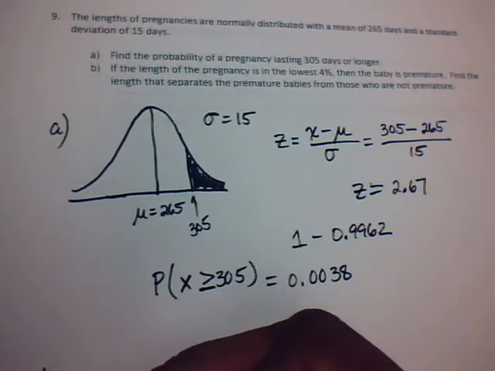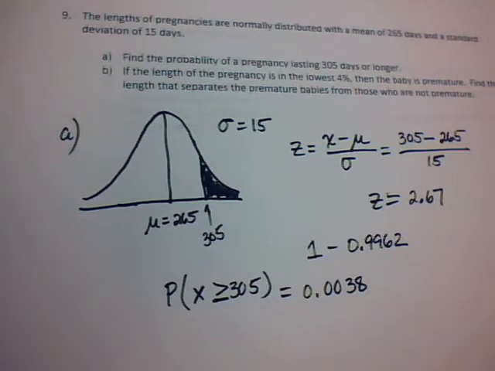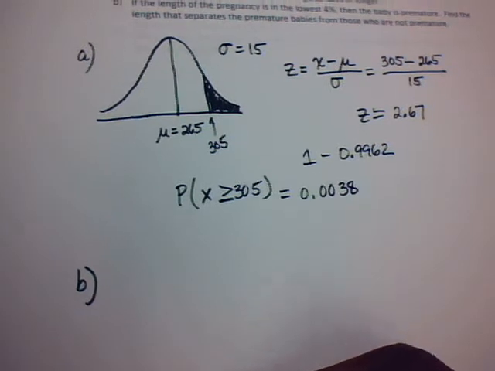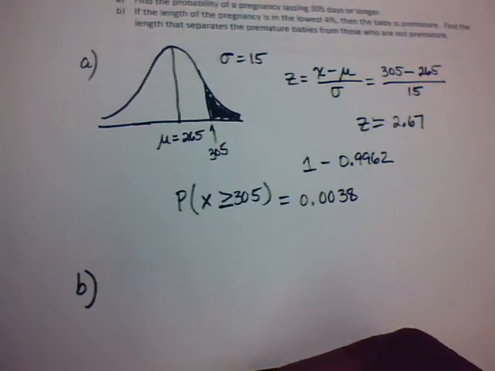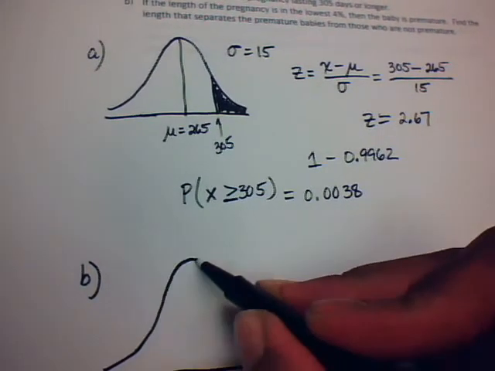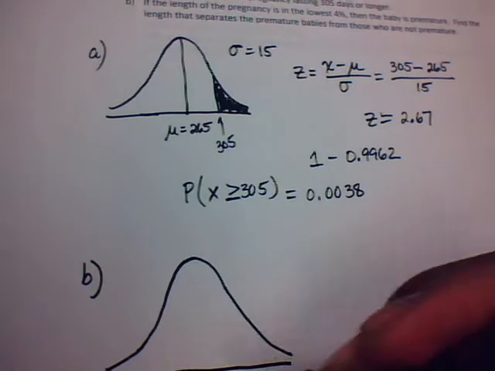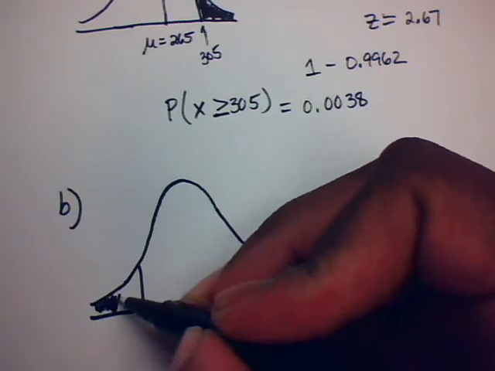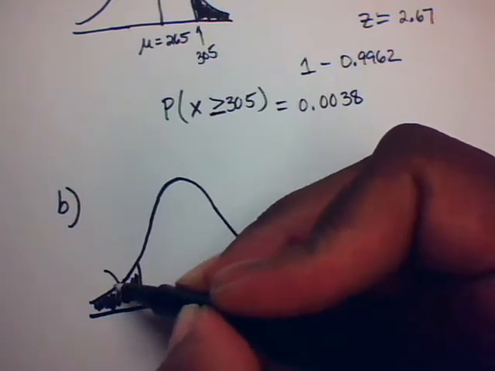Now, part B. If the length of pregnancy is in the lowest 4%, then the baby is premature. So if you draw a normal curve, on the left-hand side, that shaded area, that's the lowest 4%.